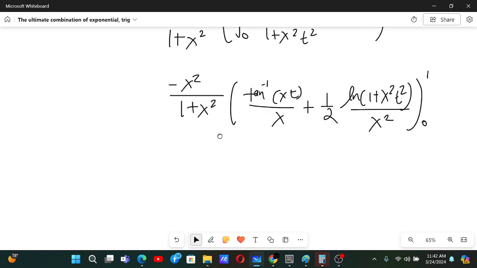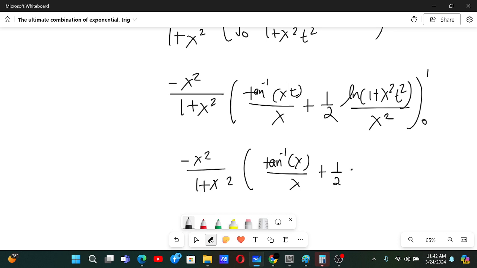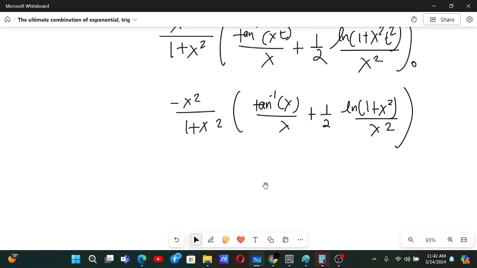What do we get next? Minus x square by 1 plus x square, times tan inverse x by x plus 1 by 2 ln of 1 plus x square by x square; at 0, both are 0. Now let us multiply by x square and also take 1 by 2 common.